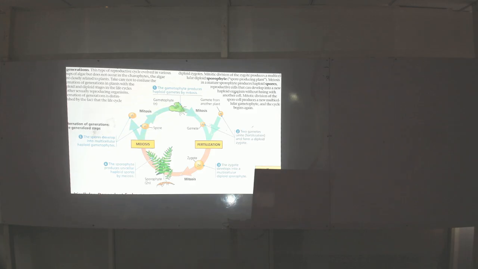All land plants undergo what we call alternation of generations. What do you mean by that? There are two morphologically different generations. What do you mean by morphologically different? By external appearance, you can differentiate. What are the generations?